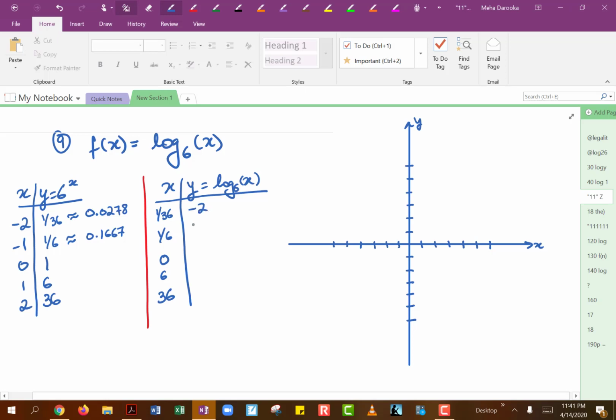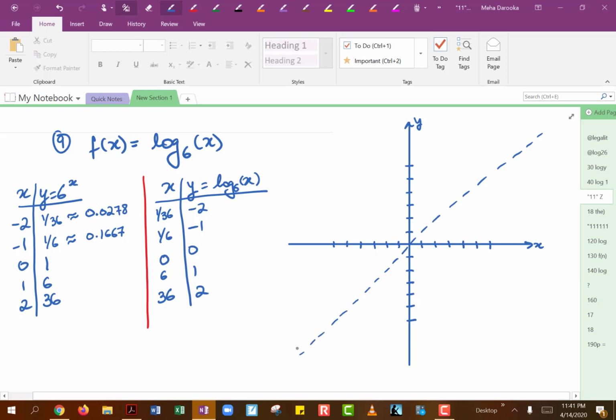So we're literally just switching our x and y tables from the exponential function to the logarithmic function. And then remember we talked about using the line y equals x as our line of reflection. So we can go ahead and draw that line just so that we can see what our graph's reflections will look like. Okay, so this will be the line y equals x.